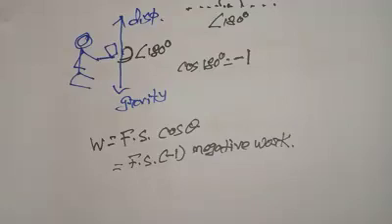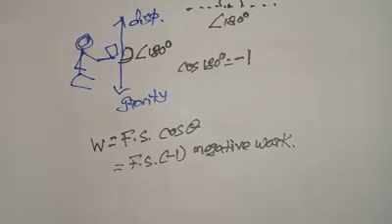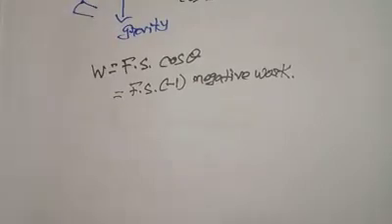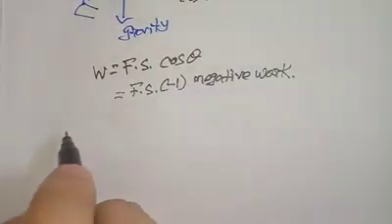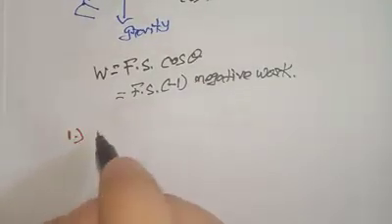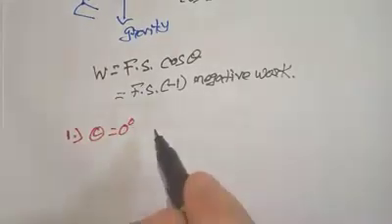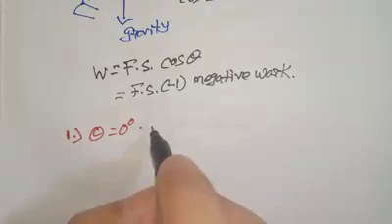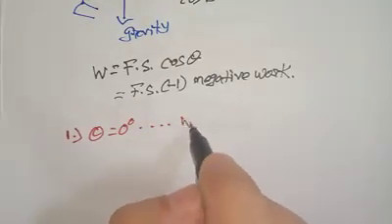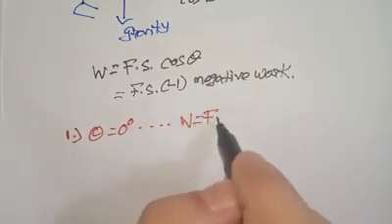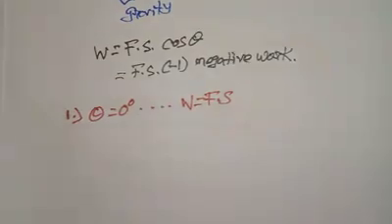So let us quickly summarize what we have learned till now. We have learned the definition of work, and we have done 3 ways in which we can write it. So let me write it for you. The first one: if theta equals 0 degrees, that is, the force and the displacement are in the same direction, then we use this formula W equals Fs, right?